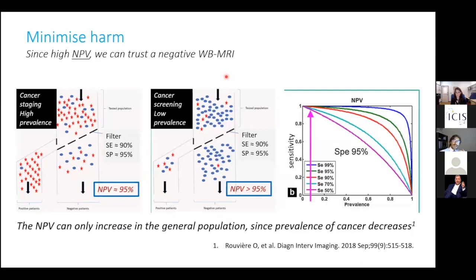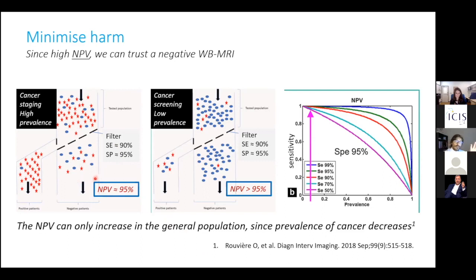So to minimize the harm, what is the instrument? We have to keep well in mind that the negative predictive value of our whole body MRI is extremely high. And there is a beautiful paper that I report here, published by Rouvier, explaining the concept of negative predictive value. The negative predictive value of your test works more or less like a filter.